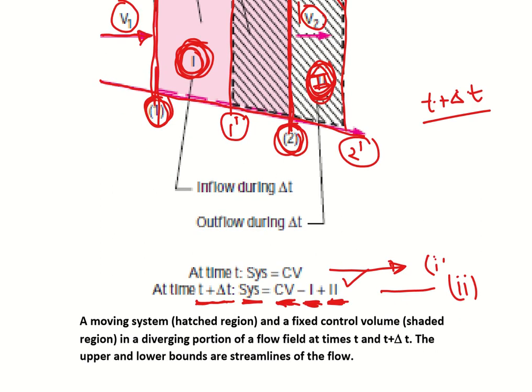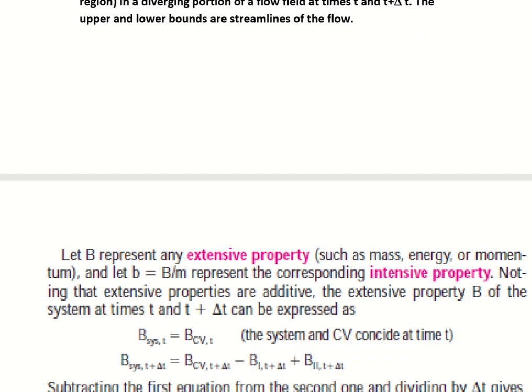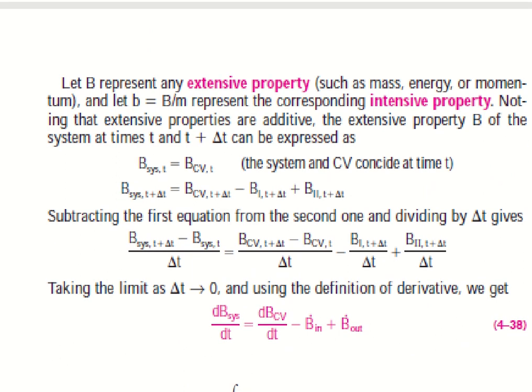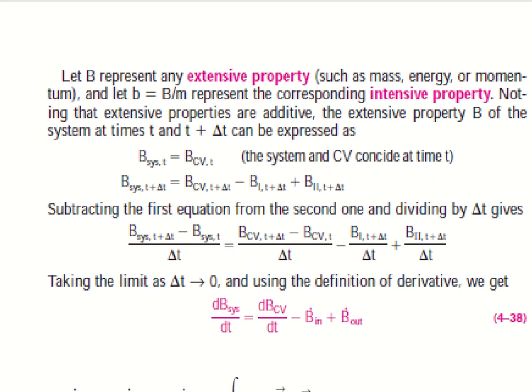Now keep this thing in mind. Now I am writing a general equation, slightly more general, where we are considering some extensive property and representing it by B. What is extensive property? Which depends on mass.